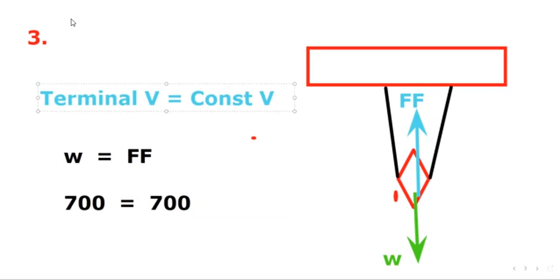and both are opposite in direction. I mean to say weight is acting in downward direction, and friction force is in upward direction. Both have opposite directions. And now what would be the resultant force?